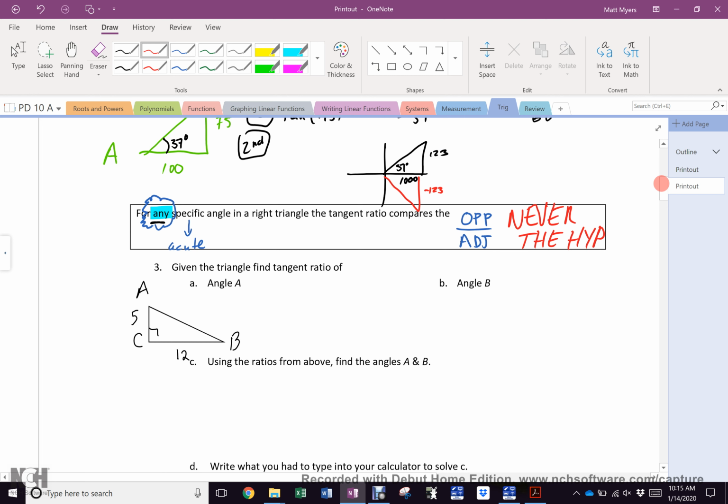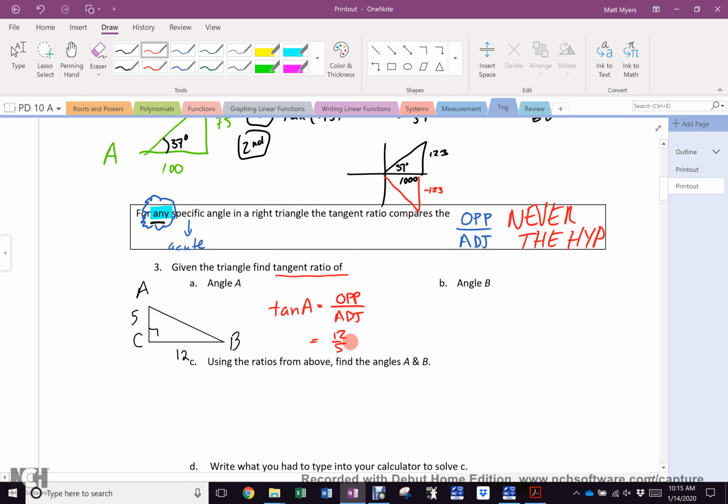So here we have a triangle. I want the tangent ratio of angle A. So will you tell me a decimal? No, I want the ratio. What is it? Tan A equals opposite over adjacent. 12/5.